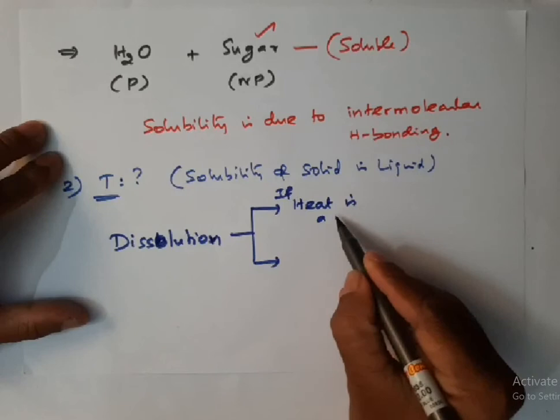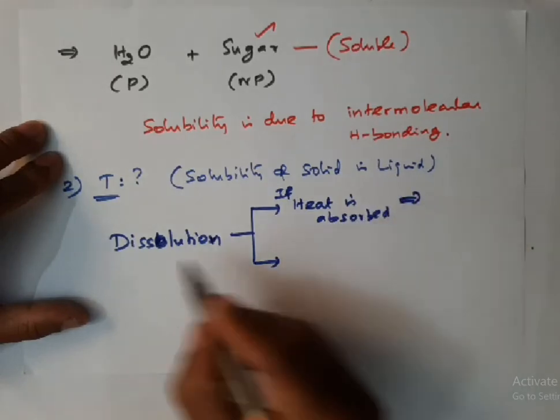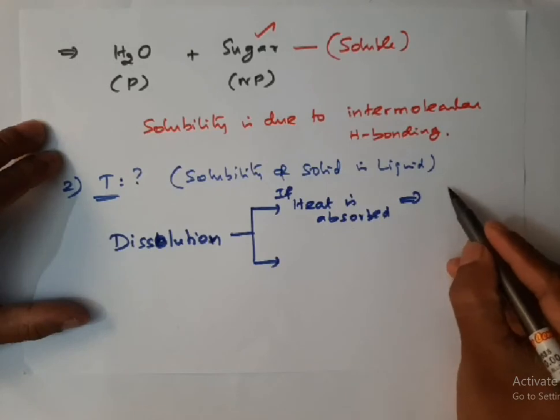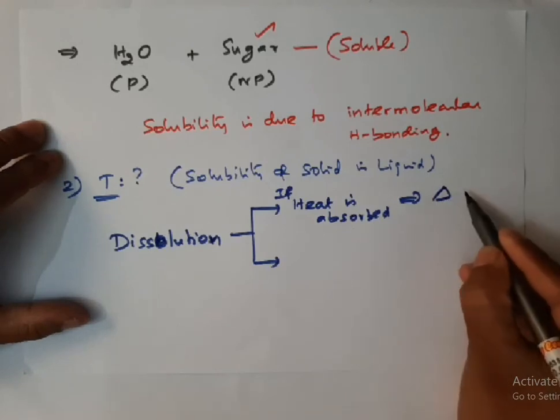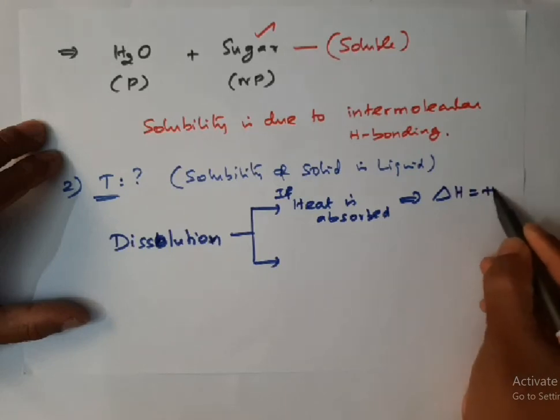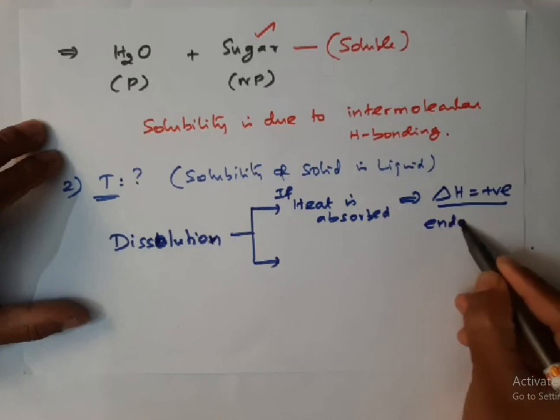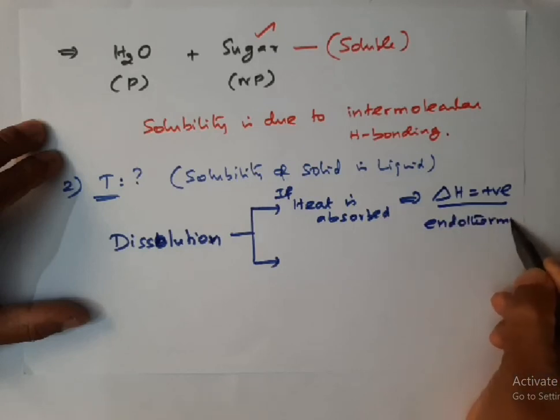If heat is absorbed, we call that solution an endothermic solution, where delta H is positive. Delta H positive means endothermic. So dissolution is endothermic.